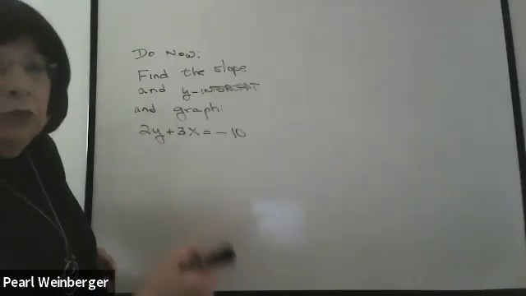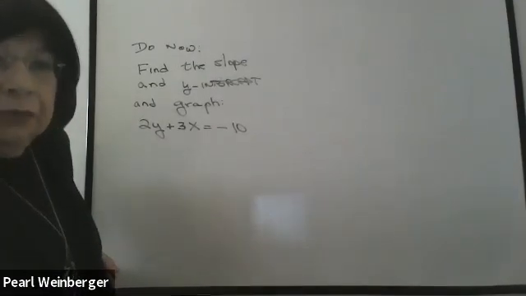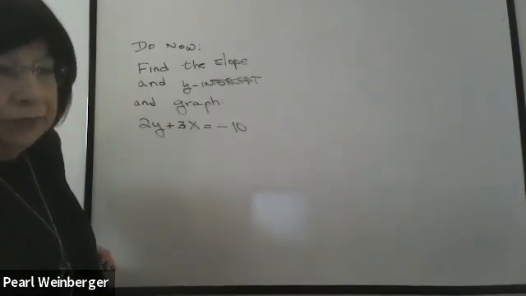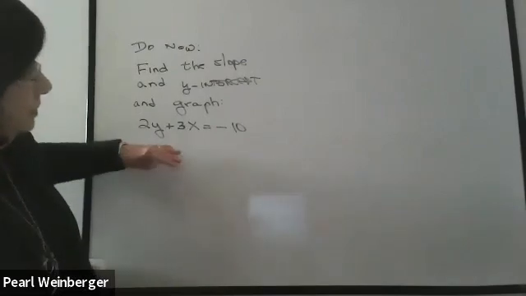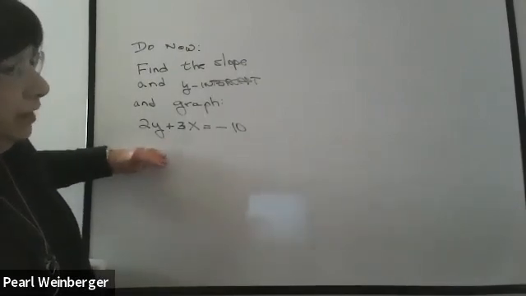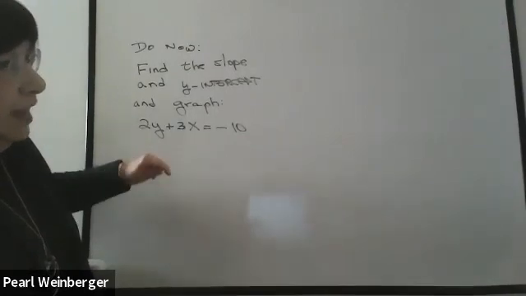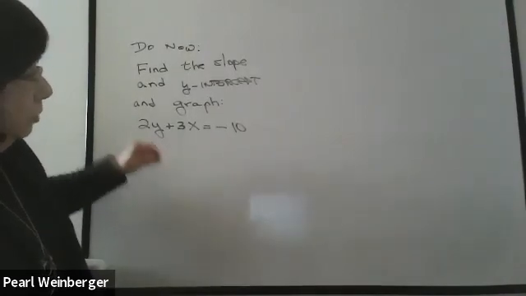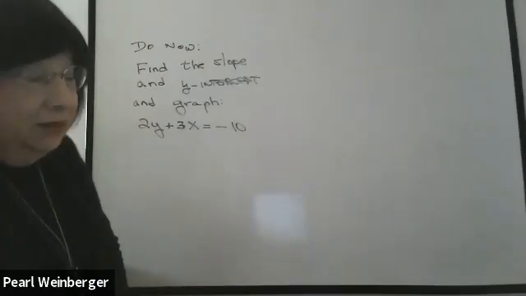I'm going to explain what you're doing in terms of the technical terms. This equation is not in the y equals mx plus b form. It's not in the slope intercept form because it doesn't have y equals. Oh, so that's why I was confused. Okay, so that's what you're telling me to do.